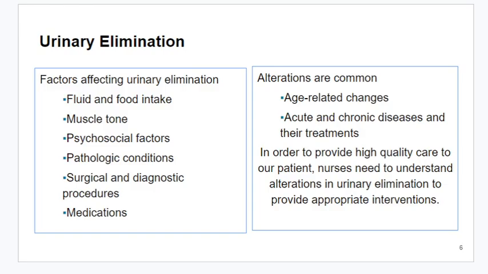Other factors that may affect our elimination include psychosocial factors, pathological conditions, and surgical or diagnostic procedures, which can hinder our urinary tract system. One common thing associated with this is anesthesia. When we're putting the body to sleep, everything falls asleep, just like our gut and our urinary tract system. So sometimes individuals can have trouble urinating right after waking up from anesthesia.